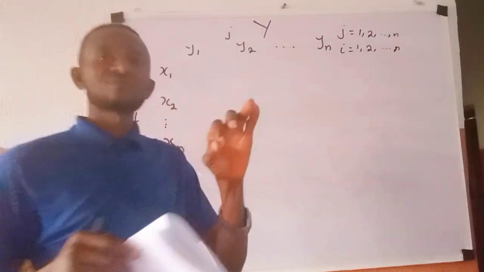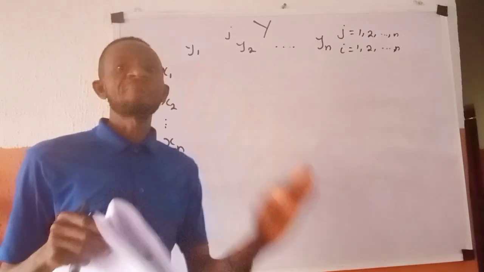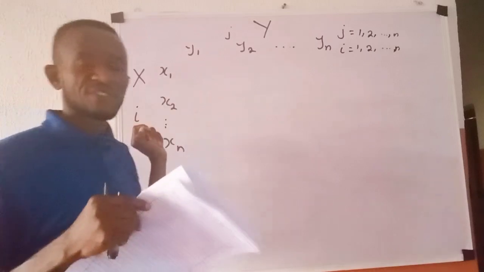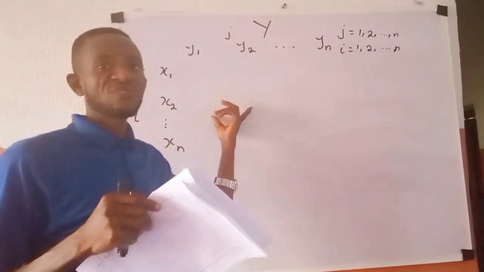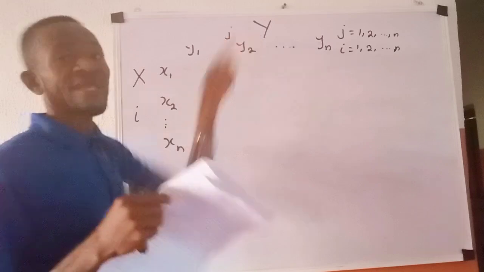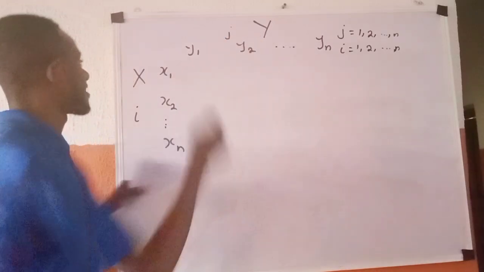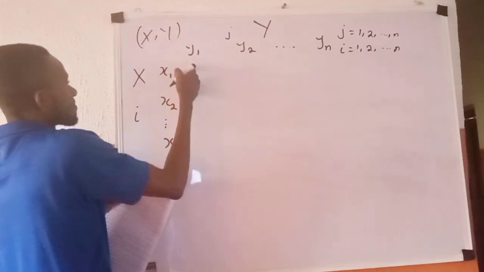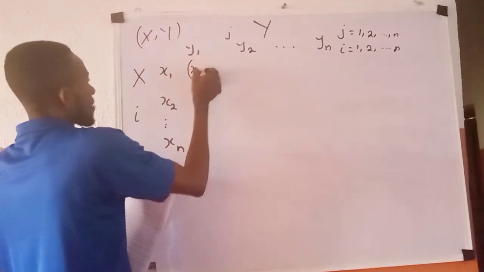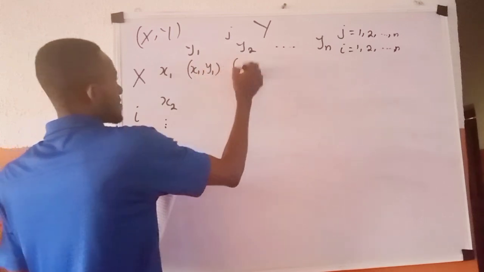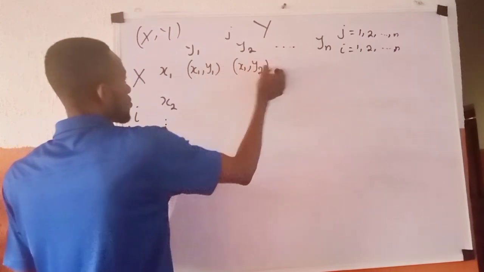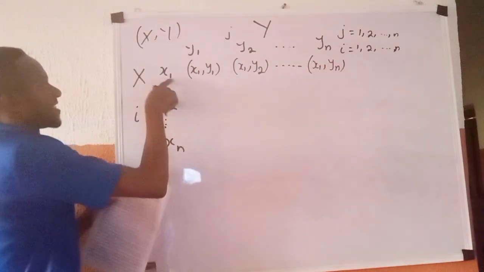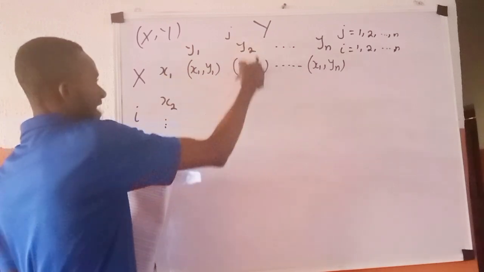But we have a function, and that function is the two-dimensional random variable (x, y), defined on this sample space. So for them to take their own values, it's going to be the values of x and y. So at this very point, that bivariate random variable (x, y) is going to take observation (x1, y1). And at this point, it takes (x1, y2), down to (x1, yn).